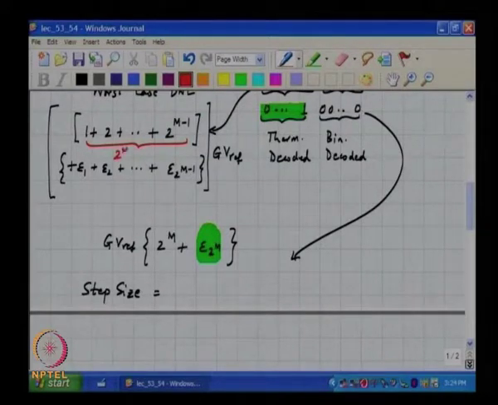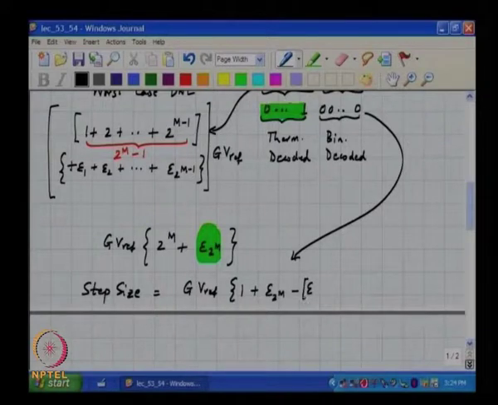This is 2 to the m minus 1, all right, and therefore, the step size is G times Vref times 1 plus e 2 to the m minus e 1 and so on up to e 2 to the m minus 1.